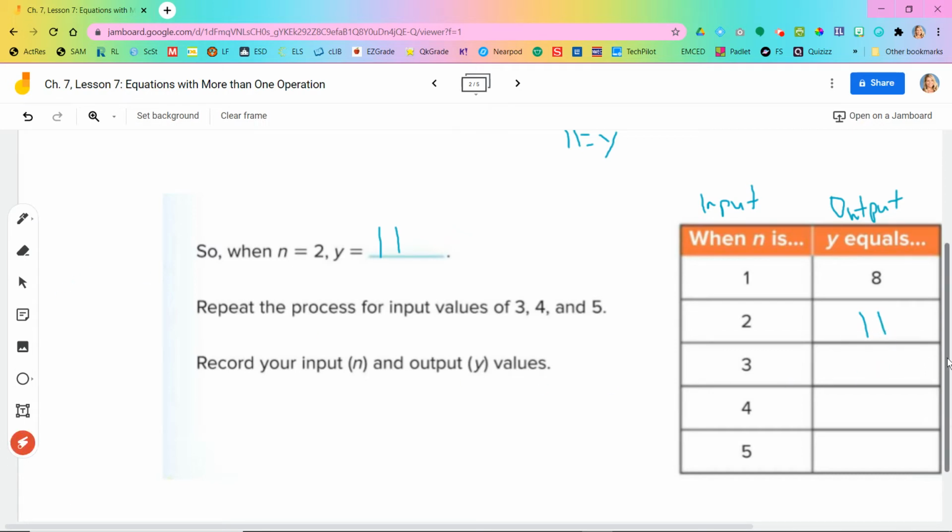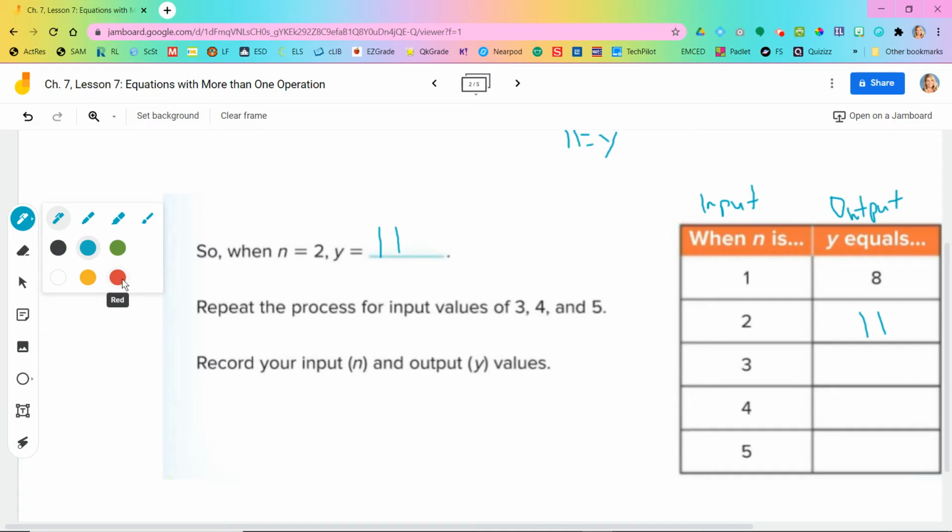Now, you are probably going to notice a pattern over here, but do not rely on the pattern to solve, because what they like to do is they like to skip these input numbers. And so you might say, oh, okay, well, I have to go up for the next one, up 3. They may change this number and they're going to catch you. They're going to make you get it wrong if you don't use your calculations.